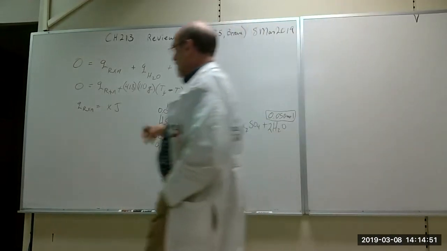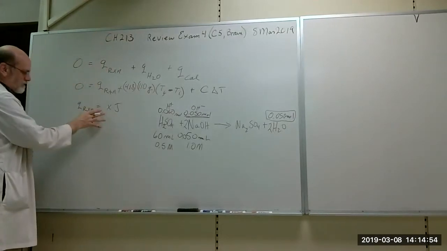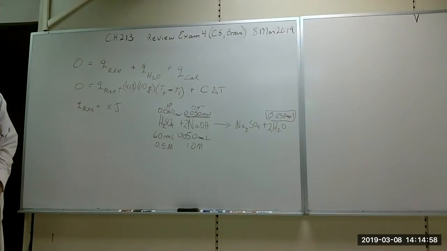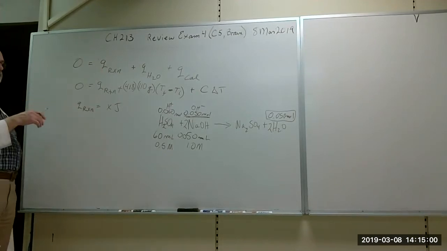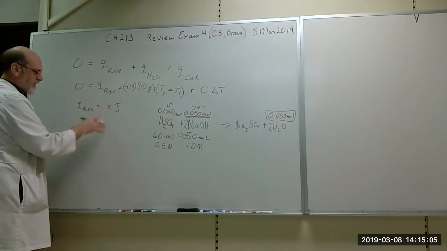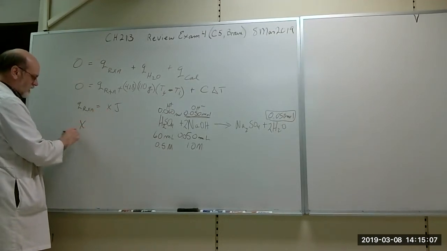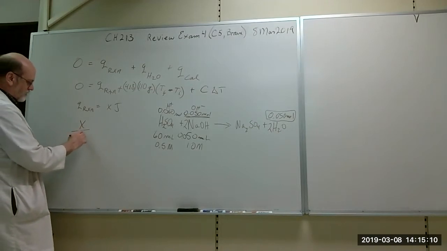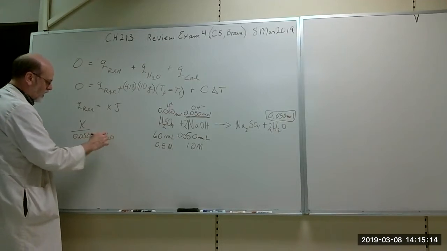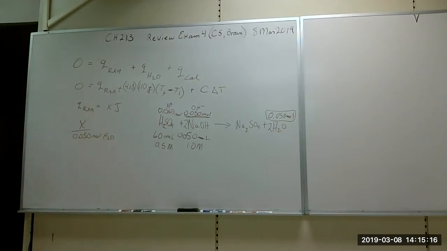So now, once we know how much heat is evolved in this reaction, and it will be exothermic. It'll be a negative value. So whatever the negative x is, we divide it by the number of moles of water, and we have joules per mole of water produced. Negative joules per mole of water produced.